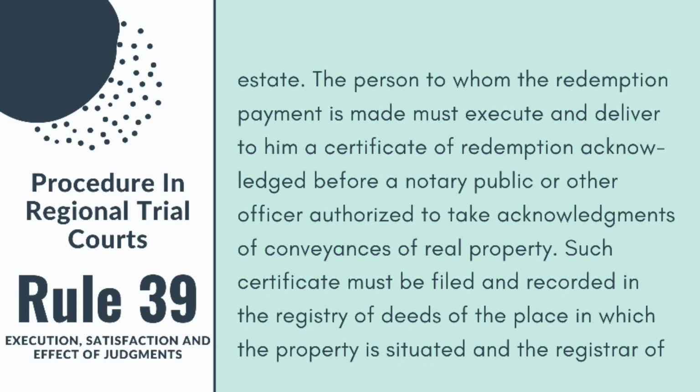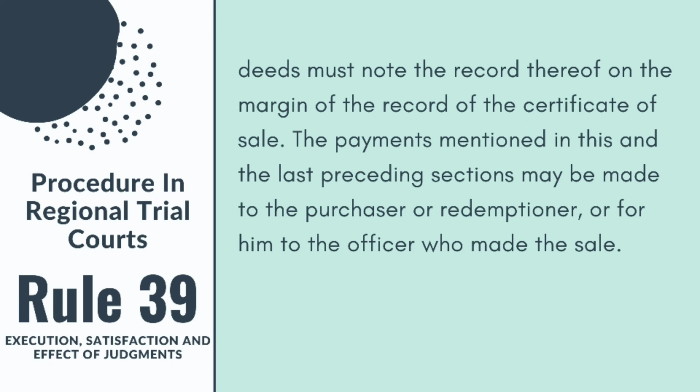The person to whom the redemption payment is made must execute and deliver to him a certificate of redemption, acknowledged before a notary public or other officer authorized to take acknowledgments of conveyances of real property. Such certificate must be filed and recorded in the Registry of Deeds of the place in which the property is situated, and the Registrar of Deeds must note the record thereof on the margin of the record of the certificate of sale. The payments mentioned in this and the last preceding sections may be made to the purchaser or redemptioner, or for him to the officer who made the sale.